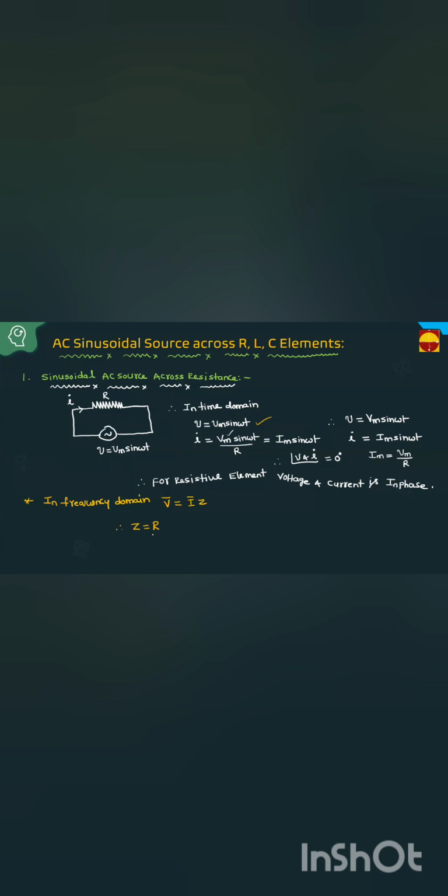Told already, if these elements are transferred to the frequency domain, then they offer impedance, but for a resistor, the impedance is R only. There is no change. That's why V bar equal to I bar into R. Then what is R equal to? This is V bar by I bar.